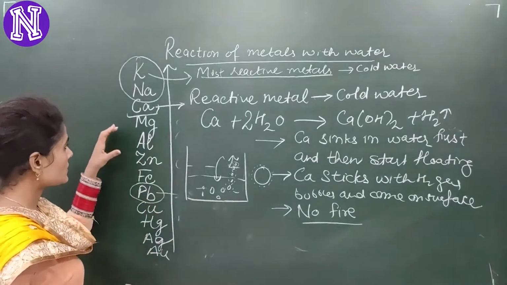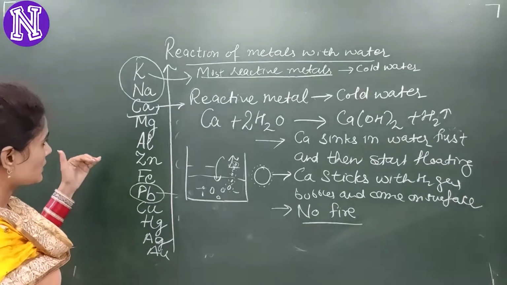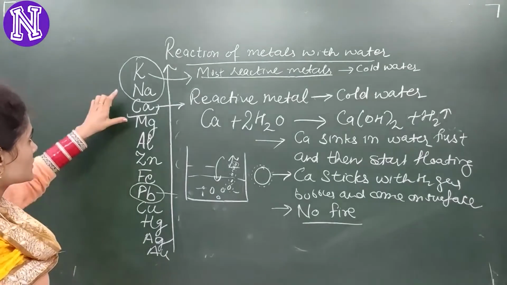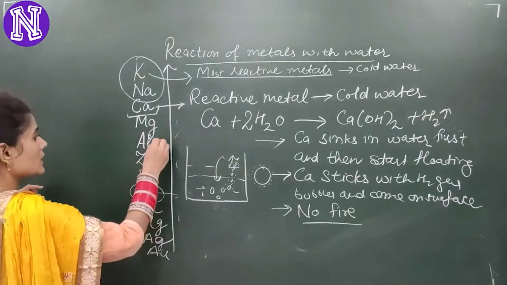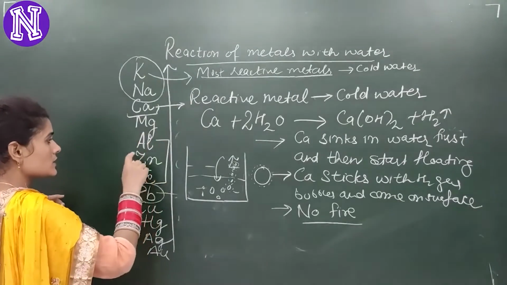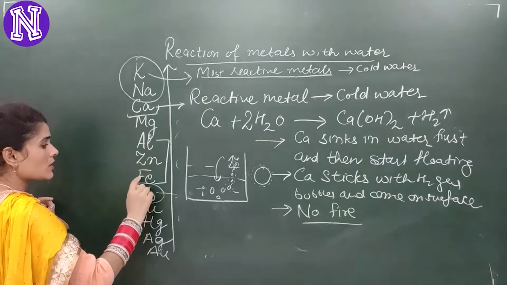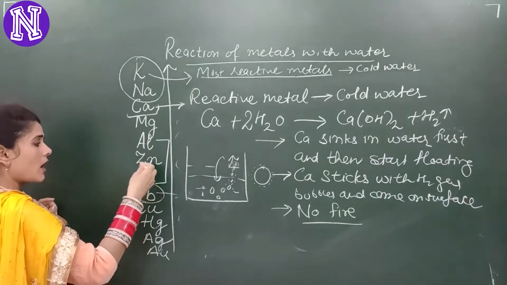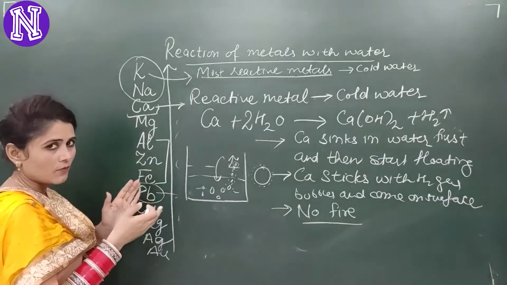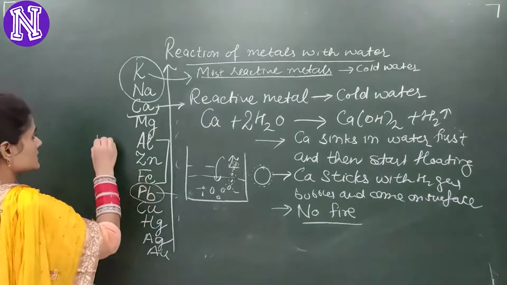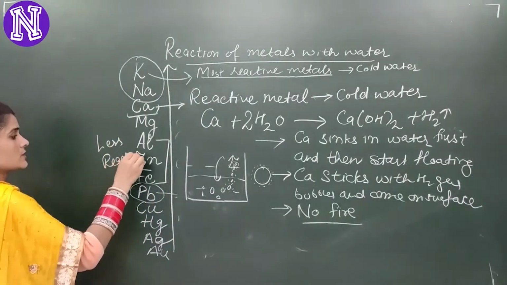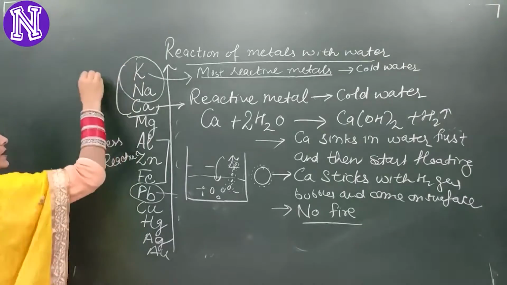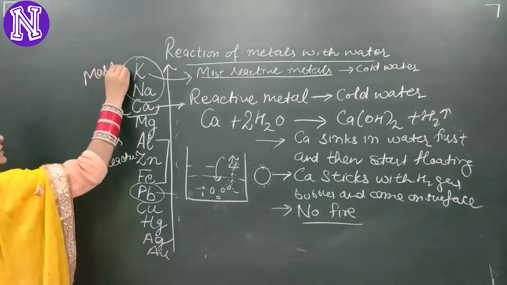So now students, we will talk about the other metals. First see, these three metals react with the cold water. Now we have these three metals, aluminium, zinc and iron. These are very less reactive.